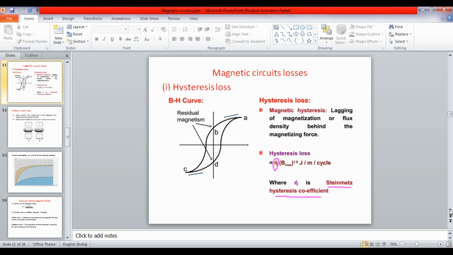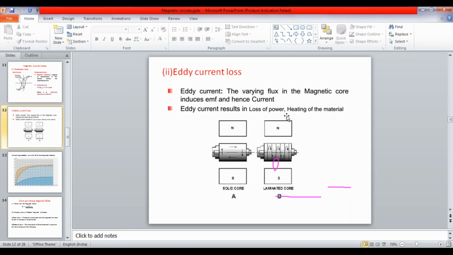Now the second type of loss that takes place within the magnetic circuits is the eddy current loss. What are the eddy currents actually? You know that according to Faraday's laws of electromagnetic induction, an EMF is induced in the conductors, and an EMF is also induced in the core of the materials, so that the core forms a closed path for the current induced in the core.